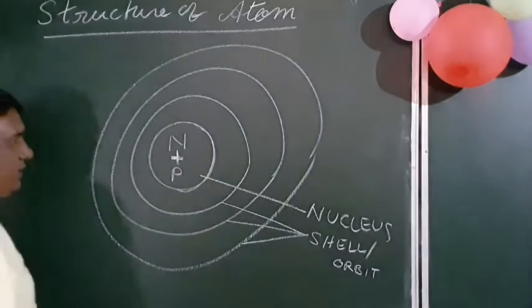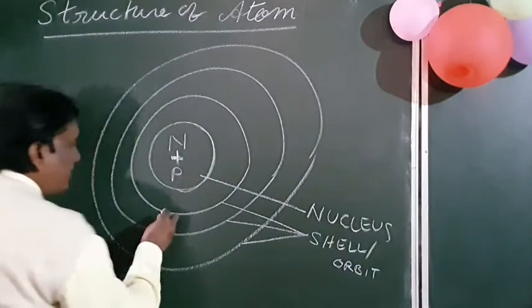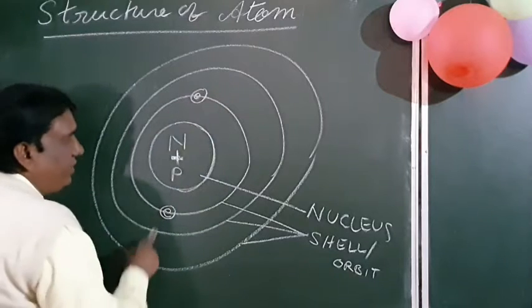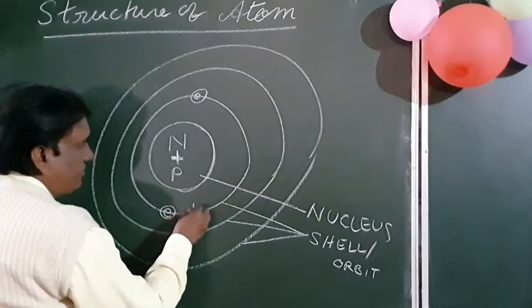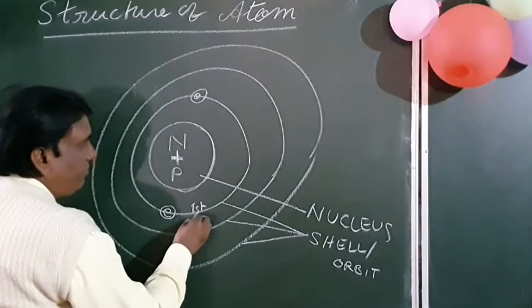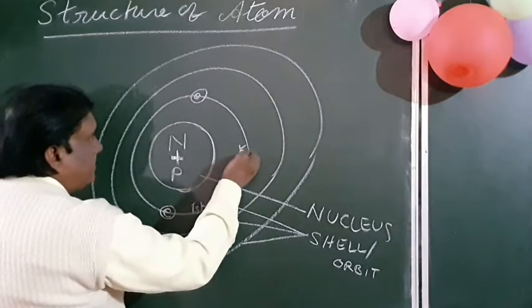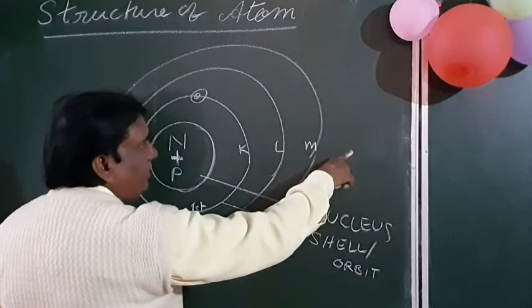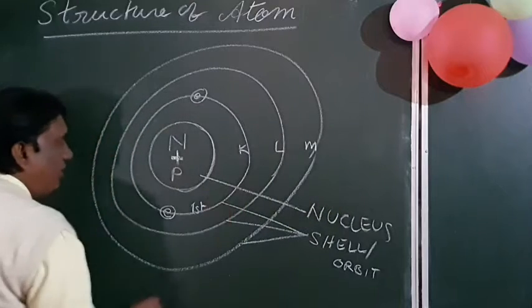Clear? Inside this orbit, electrons revolve around the nucleus. First shell, this is called the first shell. It has the name K. And the second shell is known as L, the third one is known as M, the fourth one is known as N. Similarly, it goes on.